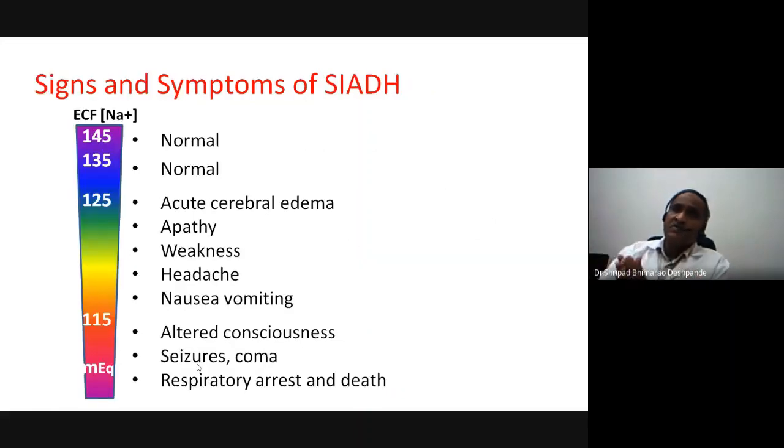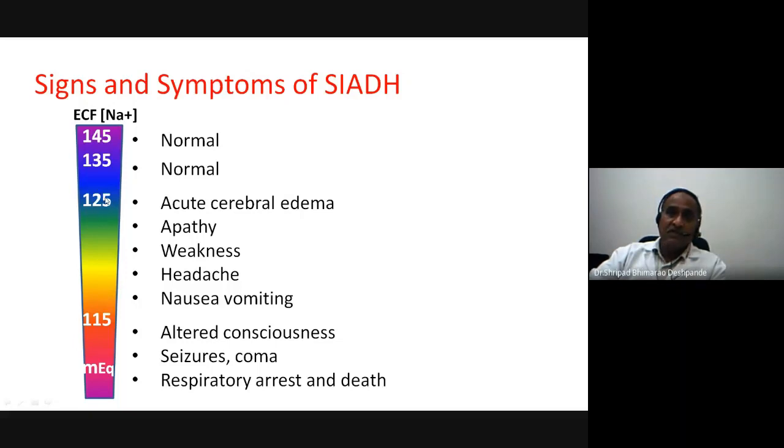Here in this chart, we try to see the signs and symptoms of SIADH in reference to the levels of sodium in the blood or plasma. Normally the sodium level is 135 to 145 milliequivalents per liter, and that's what I have shown here. It's normal.